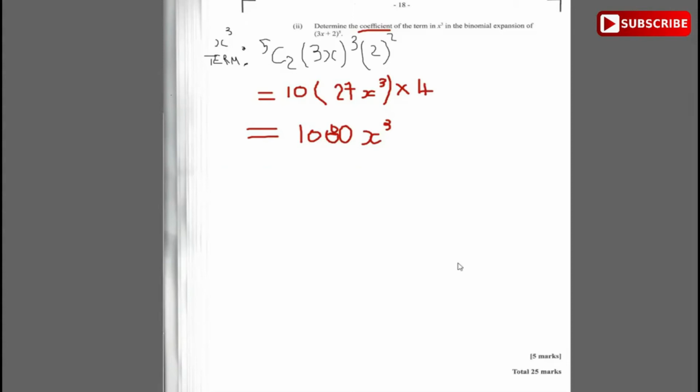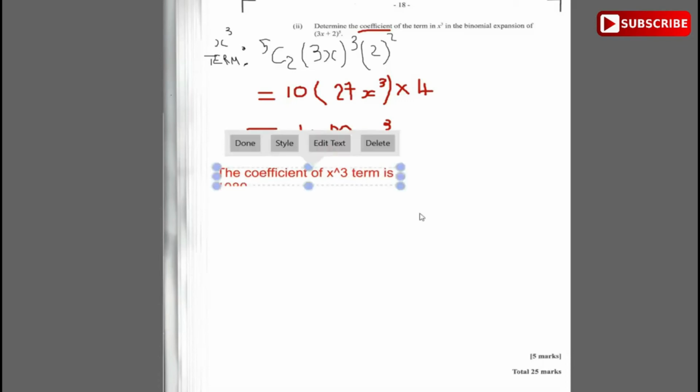That's our conclusion. Let's rephrase it: the coefficient of the x cubed term is 1080. Nice and easy. So that completes question number 3.